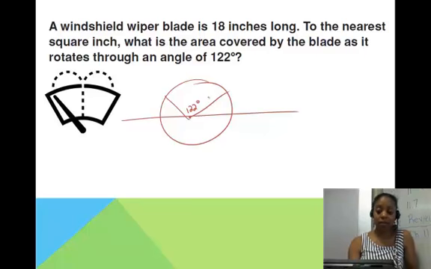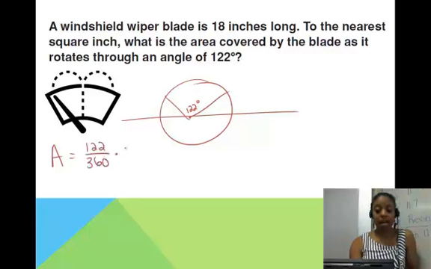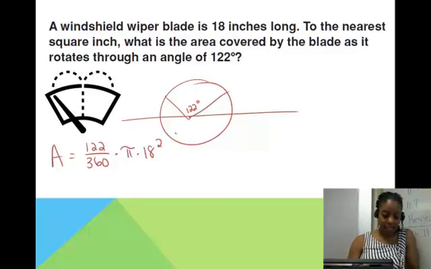So the area of the sector would be 122 over 360 times pi times the radius squared. The radius is 18 inches because that's how long the blade is. So we've got 18 squared times 122, over 360, times pi.